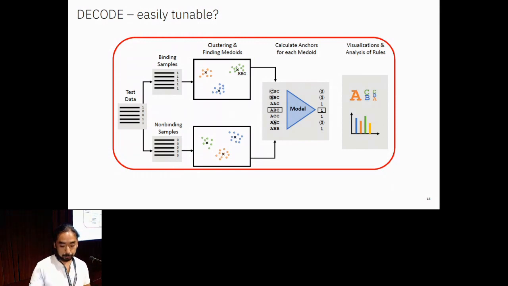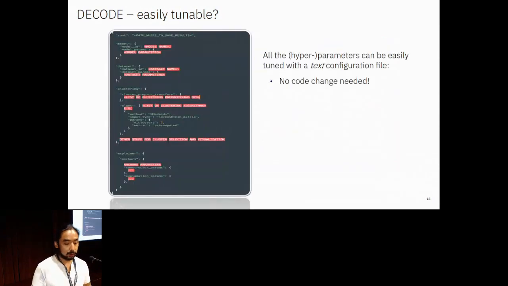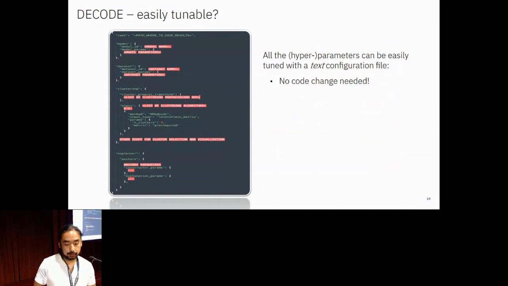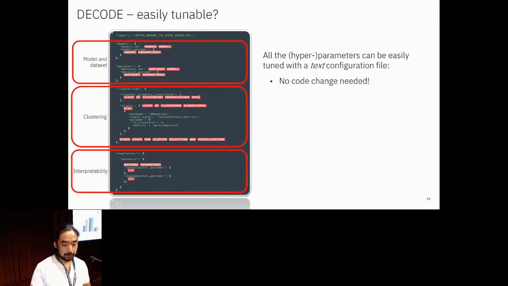I don't know, but one way to do this would be to just hard code the new values in your code, but in our pipeline this is not necessary. We provide a text configuration file, a template where you can modify all the parameters that you have, and you just pass this configuration file to the pipeline, and it will run with the hyperparameters that you want. Yeah, I can skip this.